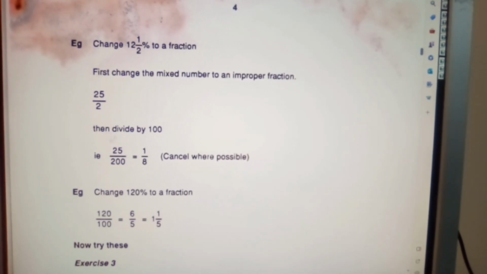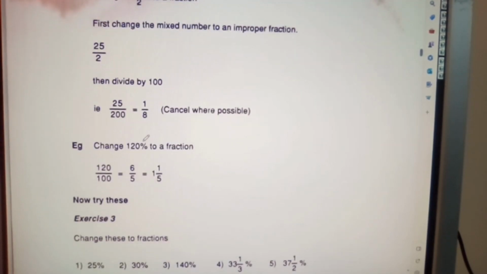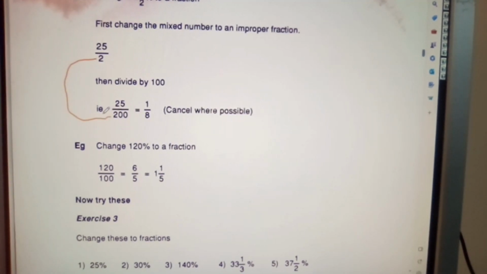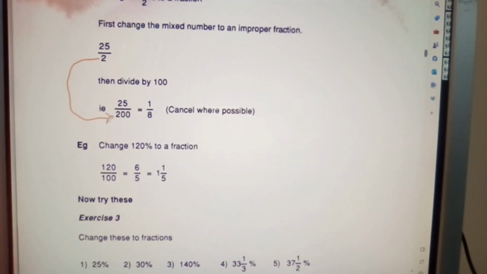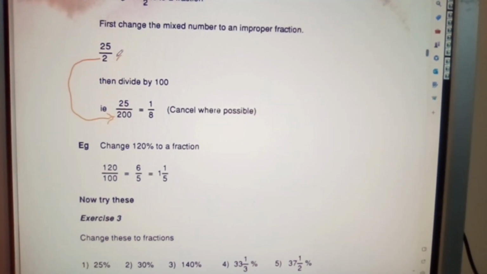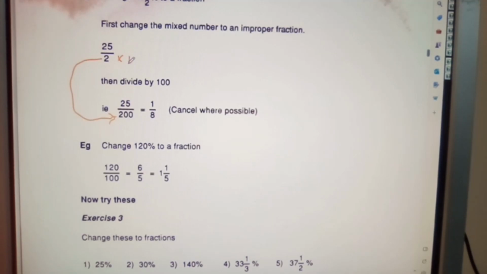Now here you need to remember that you're actually multiplying that 2 by 100. So you're converting this to an improper fraction, then you're dividing by 100. So that 2 will then become this, because you're timesing that there by 100.